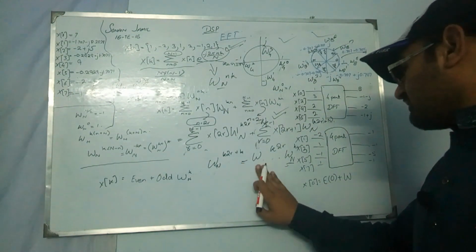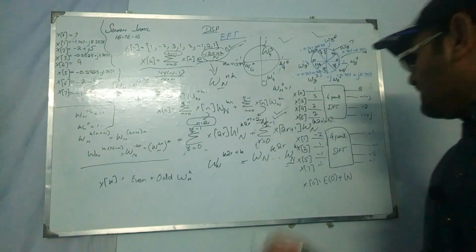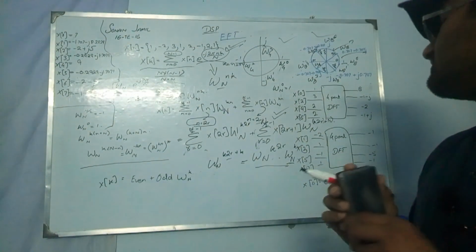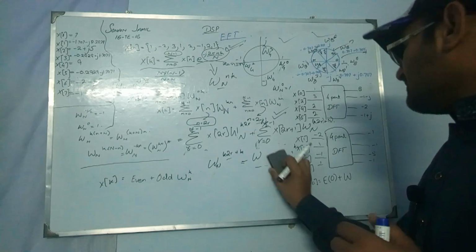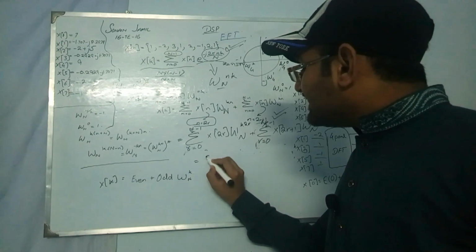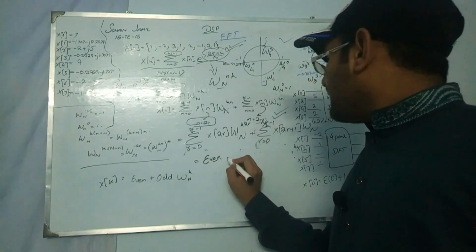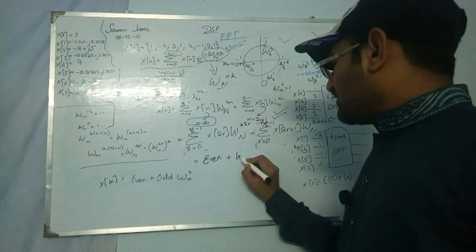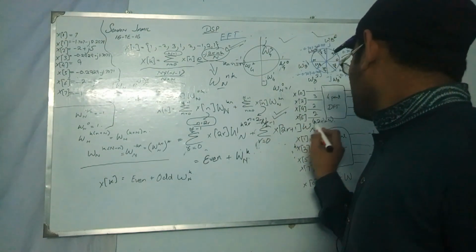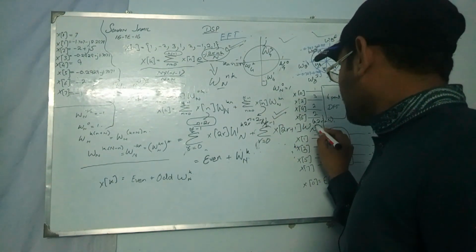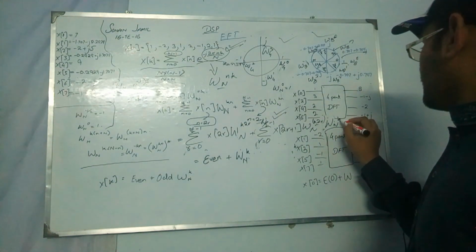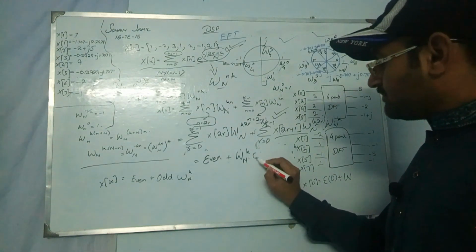So we can write this in this form. If we substitute this into the above formula, it will come out to be, let's suppose this is the even part, plus the constant, which is this one, into the whole factor excluding W of K. Just write W of Nk here, and this is the odd part.